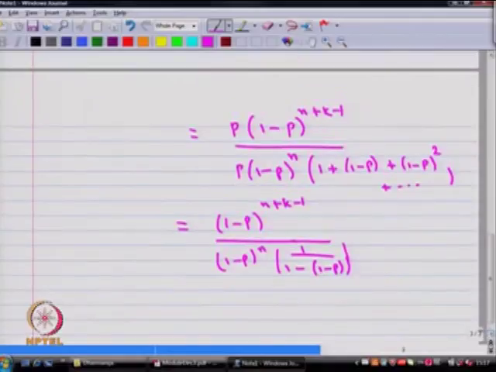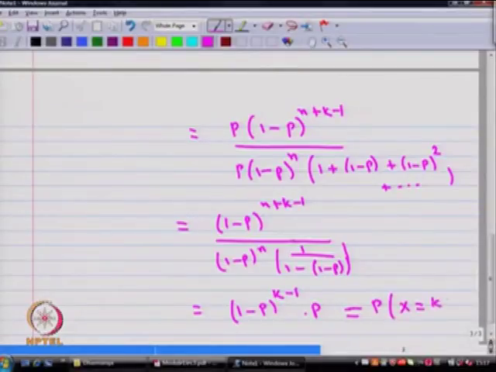Therefore, if you further simplify, you will get (1 minus p) power k minus 1 multiplied by p. That is nothing but the probability of X equal to k.